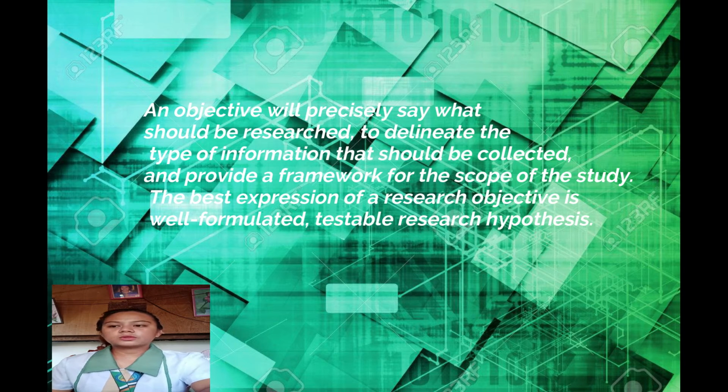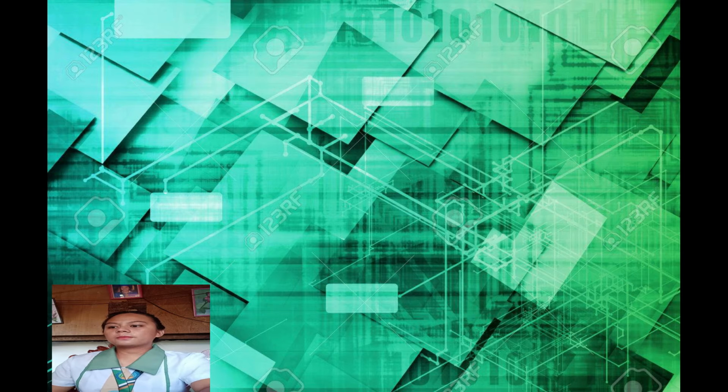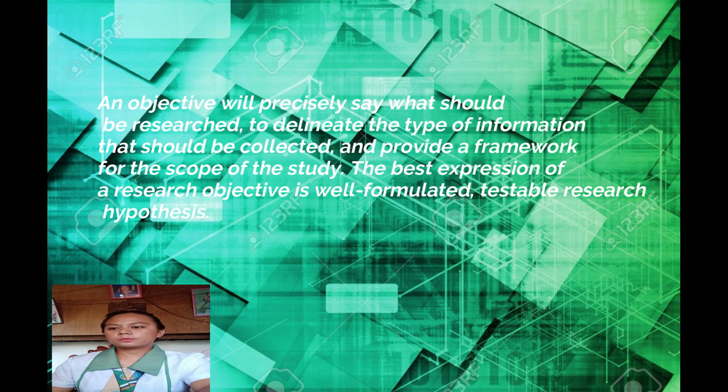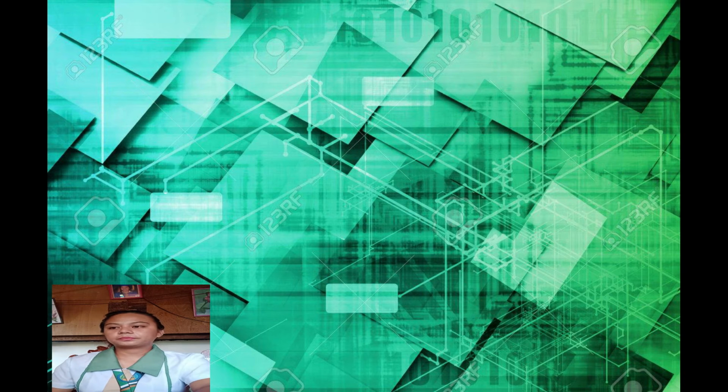The best expression of a research objective is a well-formulated, testable research hypothesis. A hypothesis is an unproven statement or proposition that can be refuted or supported by empirical data. Hypothetical statements assert a possible answer to a research question.